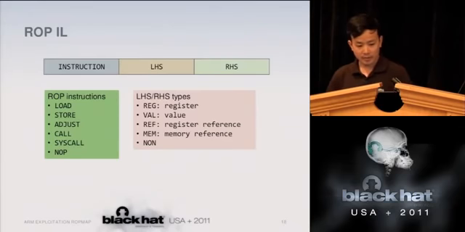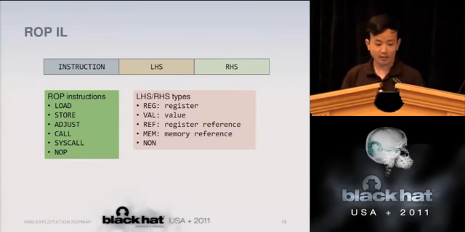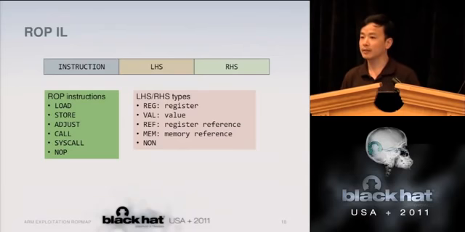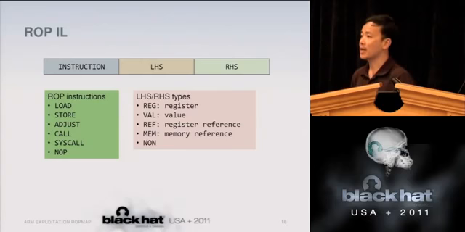If you have something to remember from the presentation today, just remember this slide. We introduce the ROP intermediate language, which has 6 instructions. It can load, store, adjust, call, and syscall, and no operation. The instructions have the form: instruction, left-hand side operand, and right-hand side operand, where the left-hand side is the destination and the right-hand side is the source.